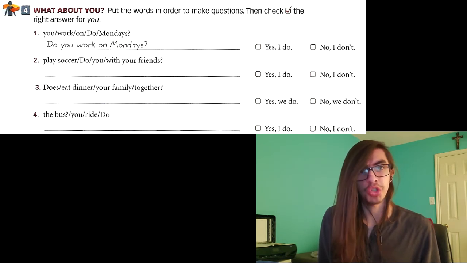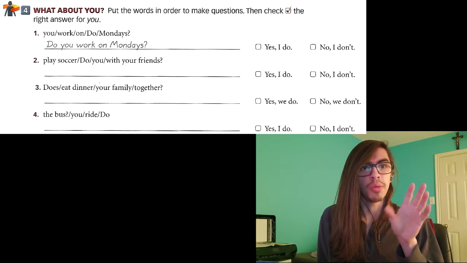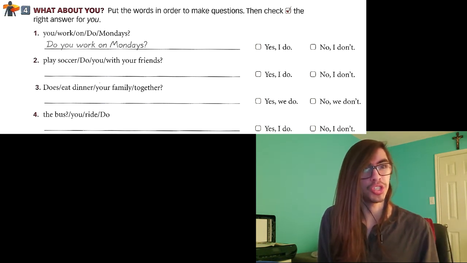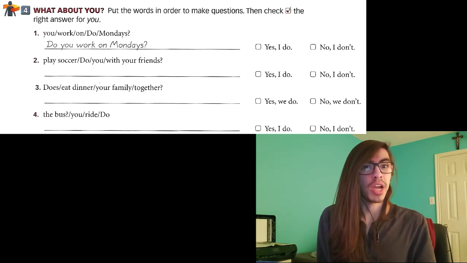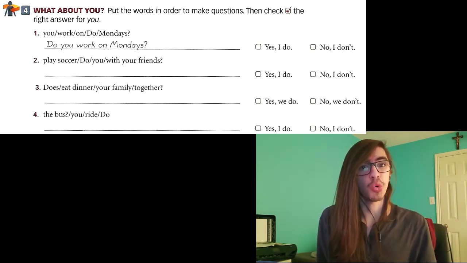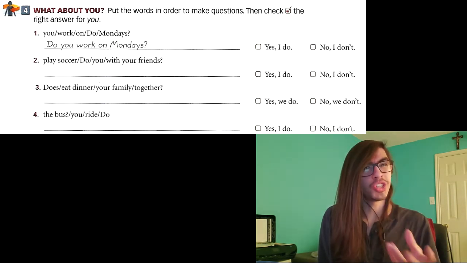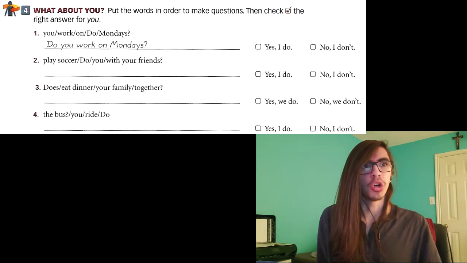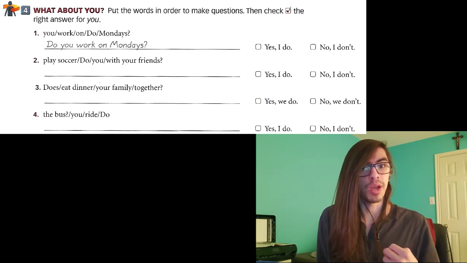And once you create a new question, I want you to pick the correct answer to that question. So, la respuesta correcta. Again, this is more practice for forming correct simple present tense questions and making sure that the question makes sense. So making sure it always begins with a certain word and we have the subject in the right place and the verb in the right place too.